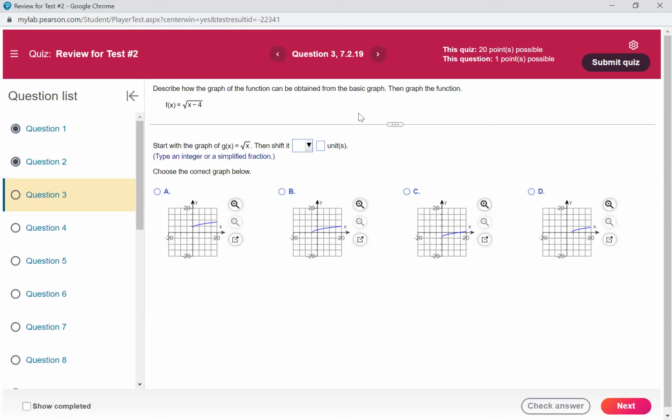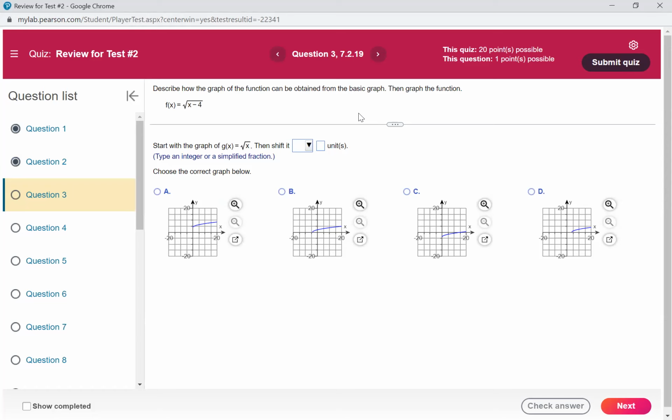All right, describe how the graph of the function can be obtained from the basic graph, then graph the function. So starting with the graph of g of x equals the square root of x, then shift it blank, blank units. So that x - 4 is up under that square root.